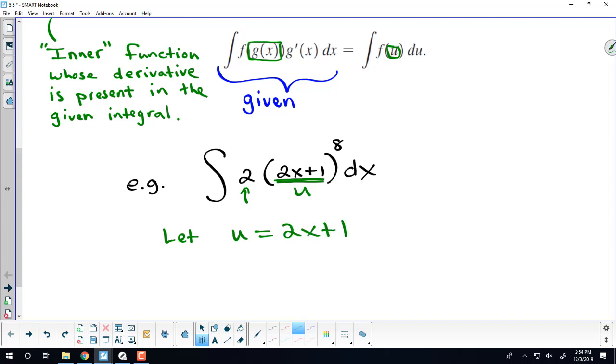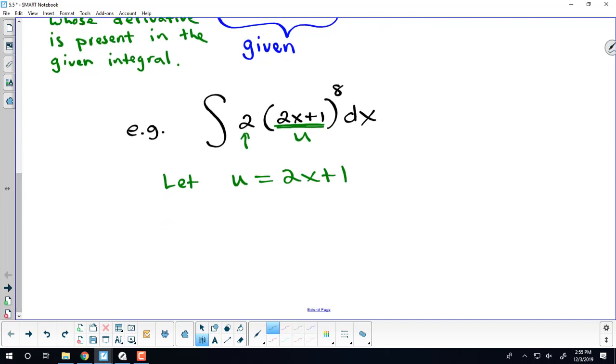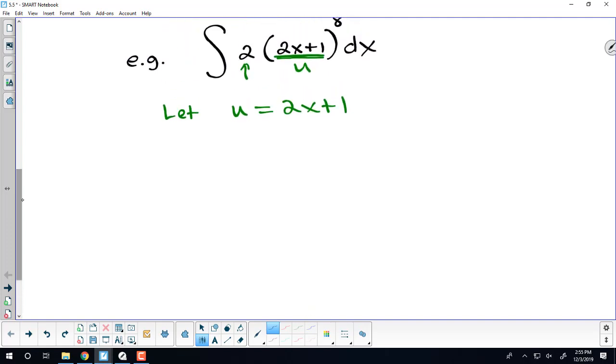So I'm going to say let u equal 2x plus 1. And if we piece this together, notice if we make that substitution in that integral, we're in a bad spot, because we have this thing being u, but we've got to integrate that with respect to x.